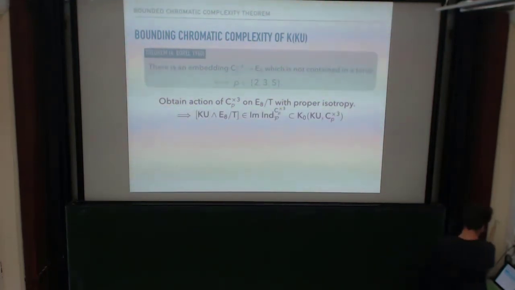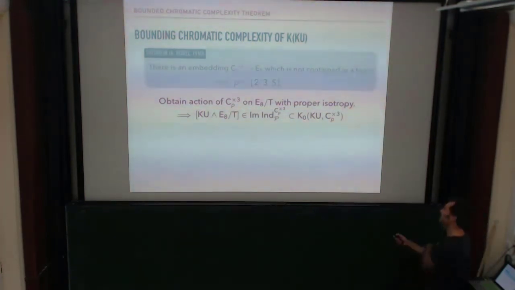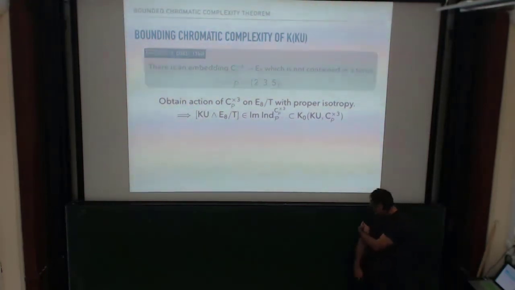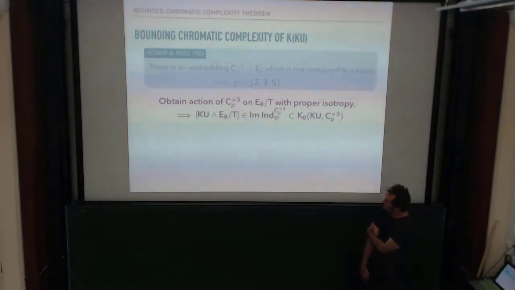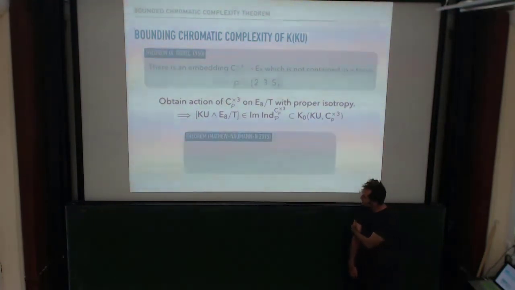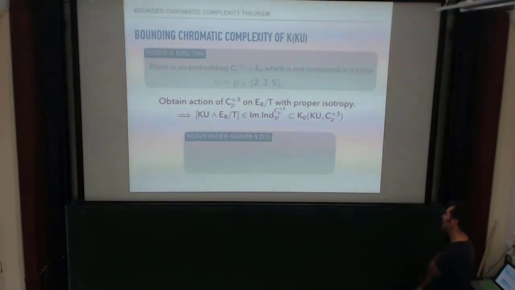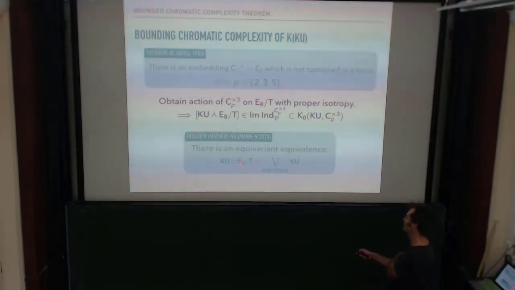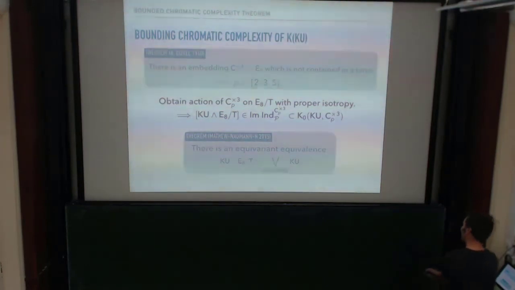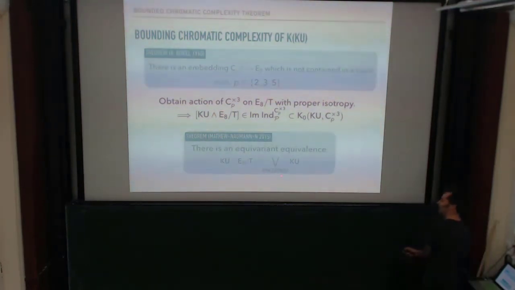So if I look at the associated K-theory class, this representation K-theory, it's again in the image of this induction map. So a theorem proved in a different paper, again by Akhil and Niko Naumann and myself, we proved that there's an equivariant equivalence between KU smash E8 mod the torus and 696,729,600 copies of KU.